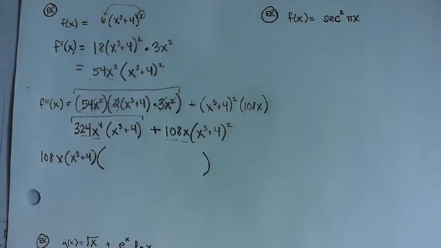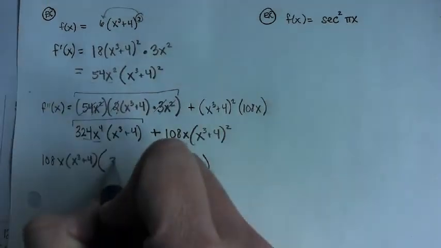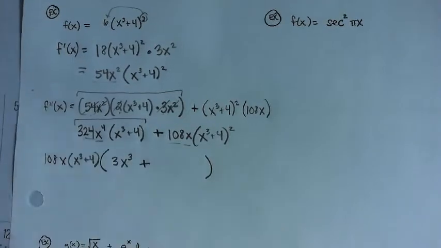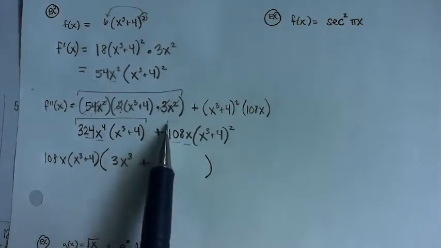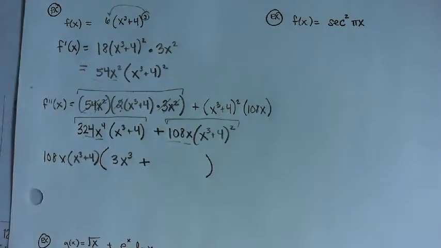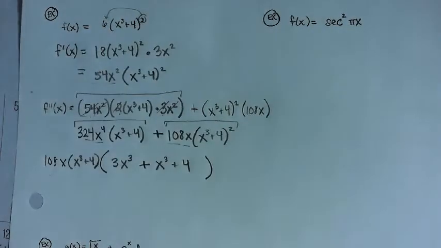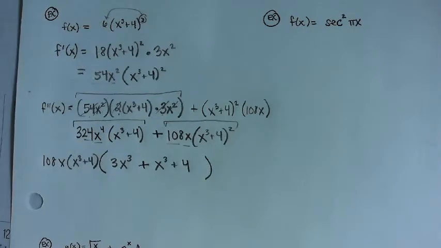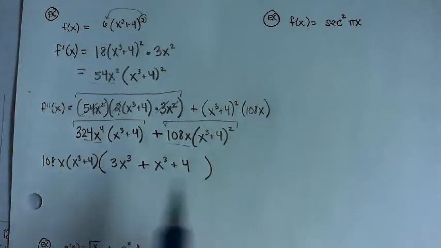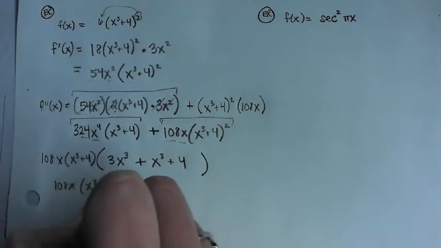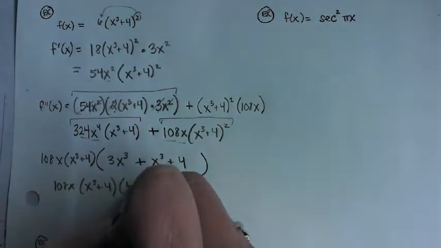Do we see that? And what's left of the second term? Just x cubed plus 4, to the first power, which technically doesn't need the parentheses and doesn't need the first power. So then in that set of parentheses, we just have 4x cubed plus 4.